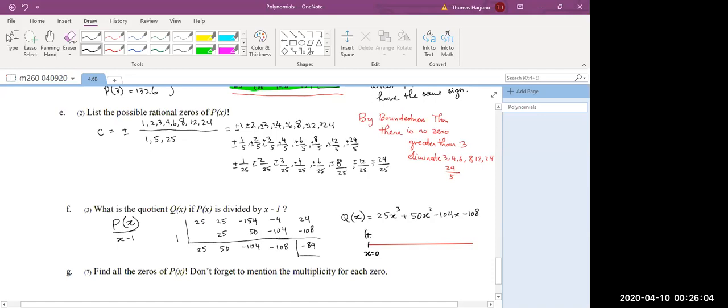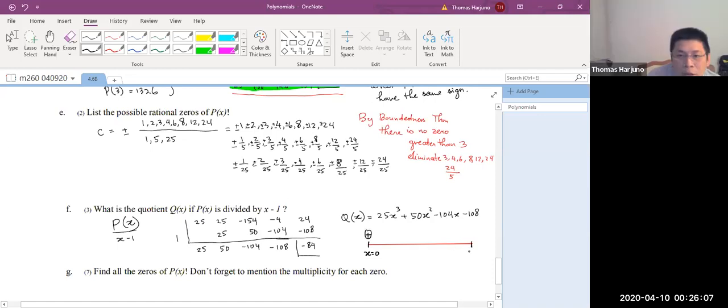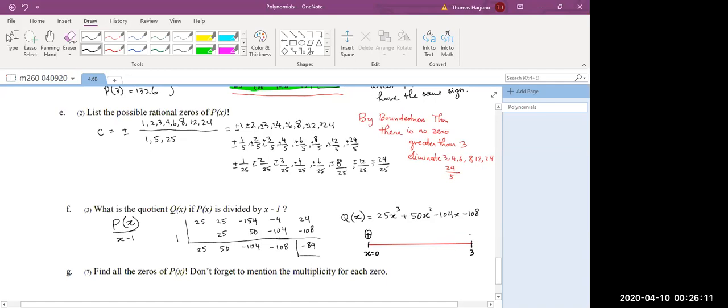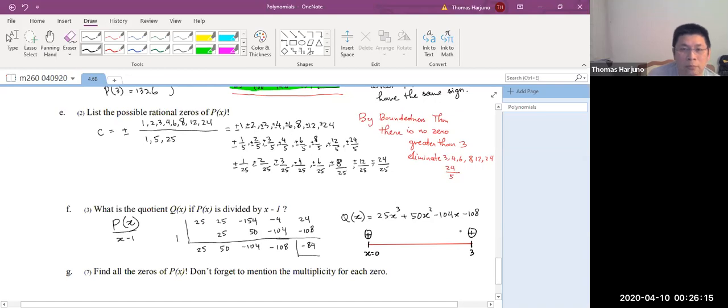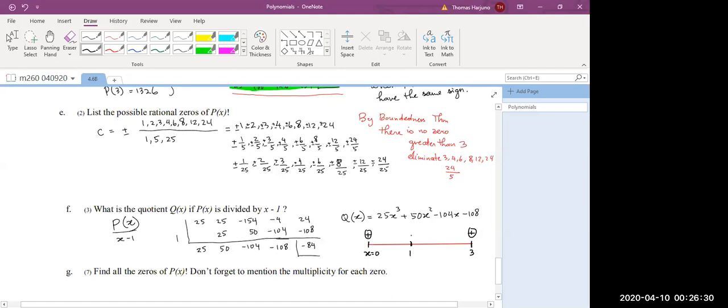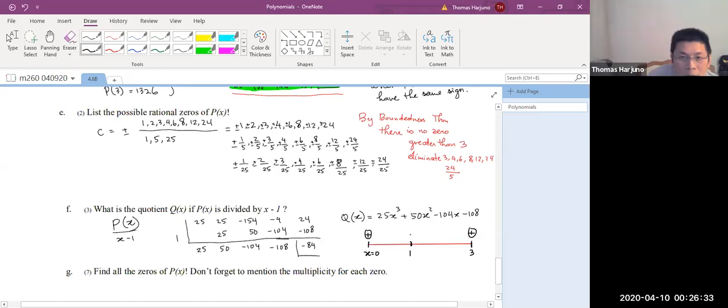That's positive, right? When x equals 3, what is the y? Also positive, positive 1326 from part B. When x equals 1, the value is negative 84. So you know where to look, right?